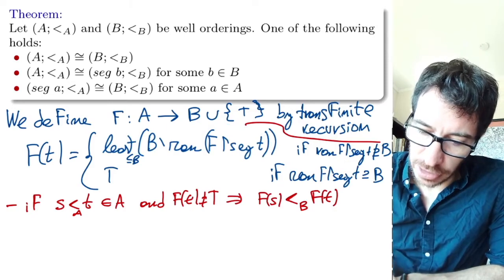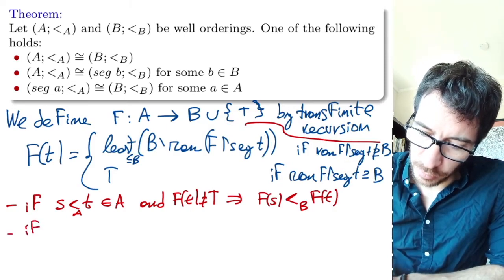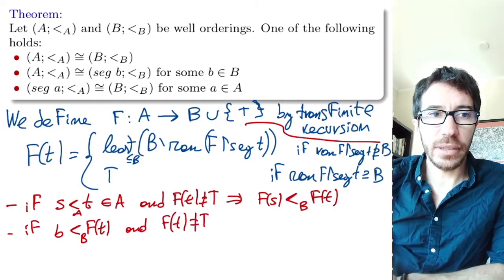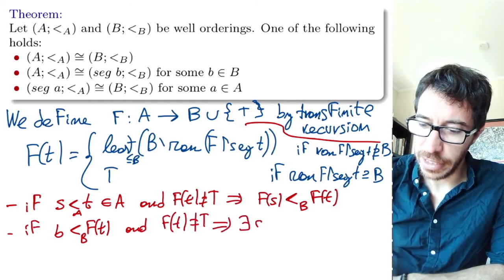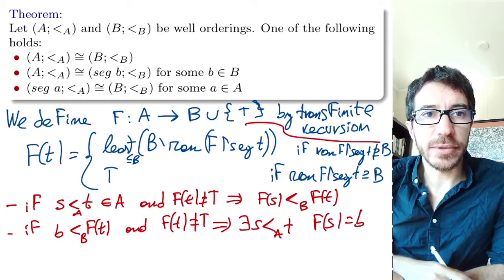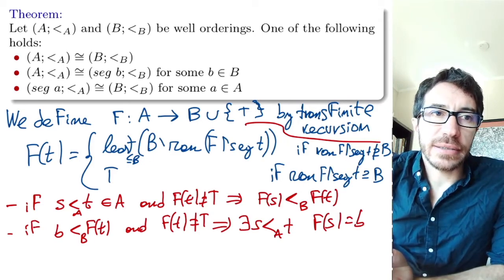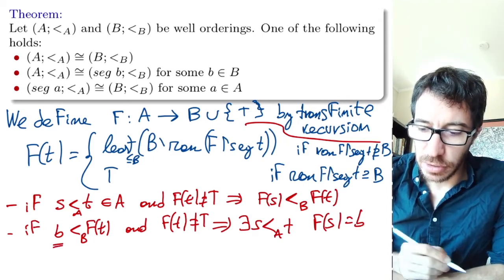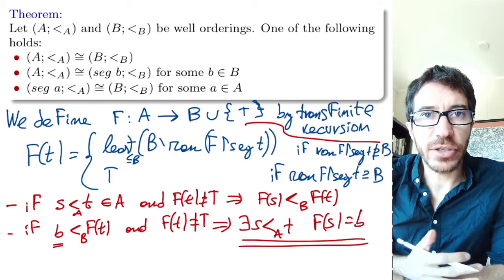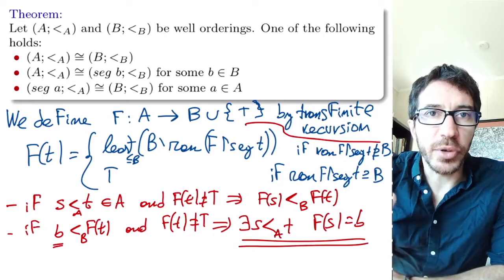Another observation is that if we have an element b that is less than f of t according to B, and f of t is not top, so it belongs to B, then there exists an s less than t such that f of s equals b. And the reason is that if you're below but you're not in the range, if this wasn't the case, it means that you're not in the range up to point t, you're still not in the range.